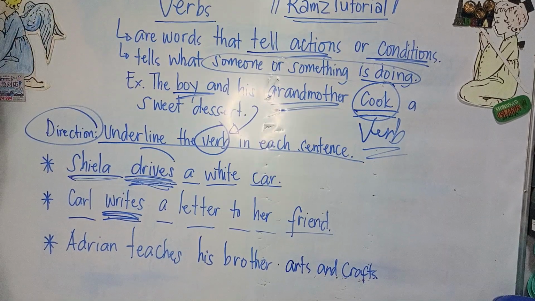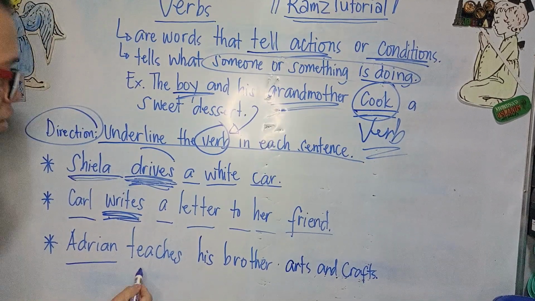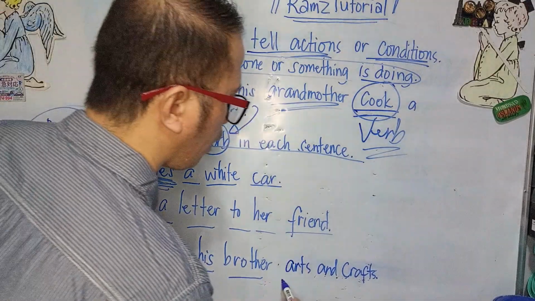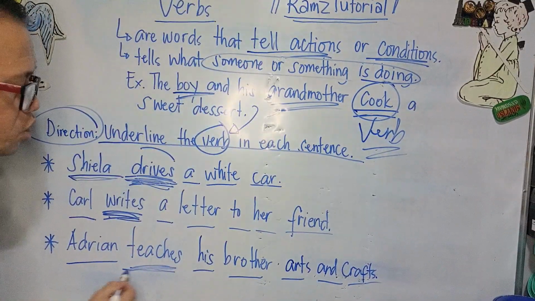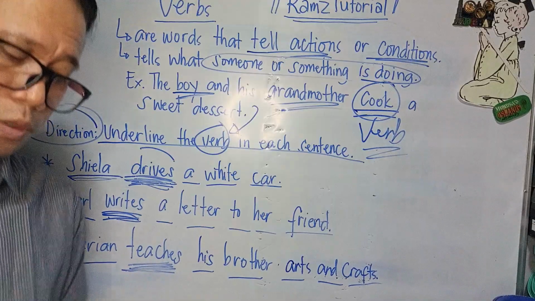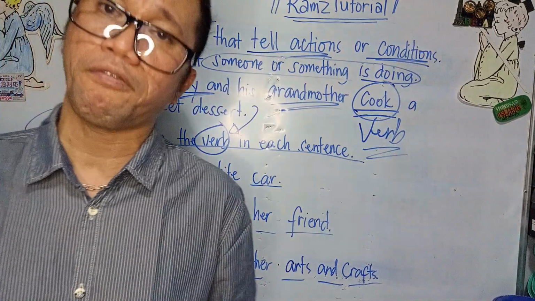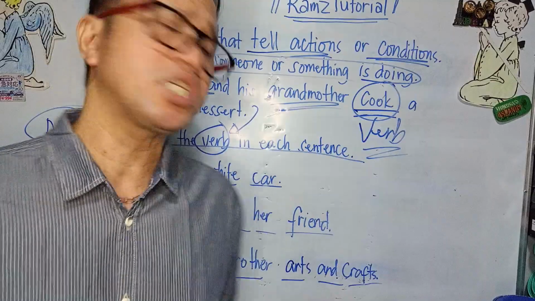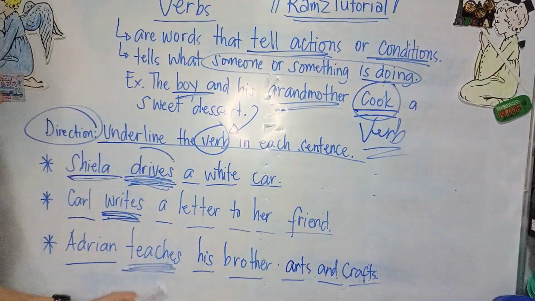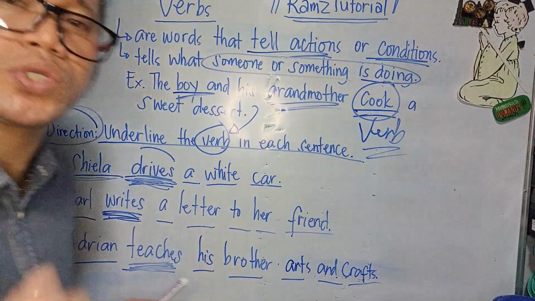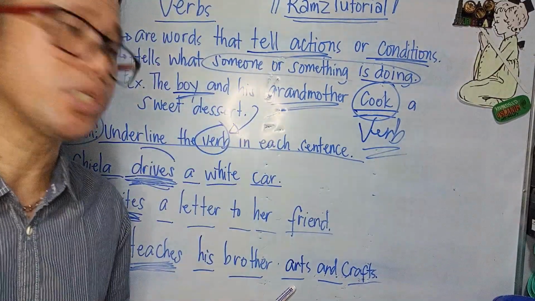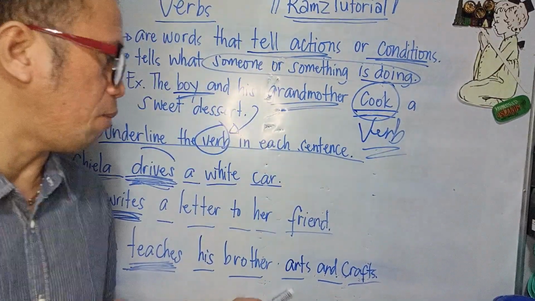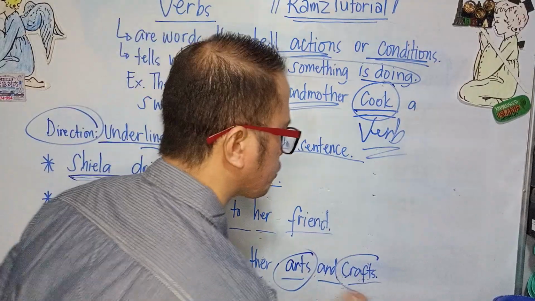The third: Adrian teaches his brother arts and crafts. The word teaches here, my dear students, is the verb. Why? Because the word teaches shows an action. He teaches his brother about arts and crafts.